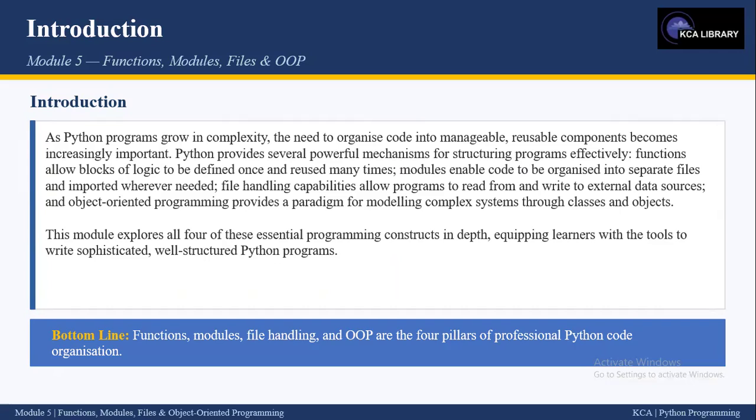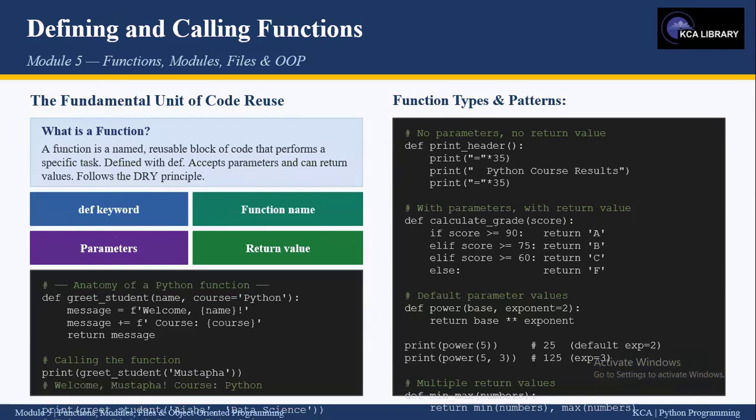Modules enable code to be organized across separate files. File handling allows programs to interact with external data sources, and object-oriented programming provides a framework for modeling complex systems through classes and objects. Together, these 4 constructs are the foundation of professional Python development.